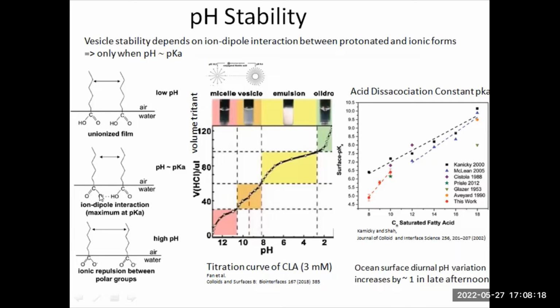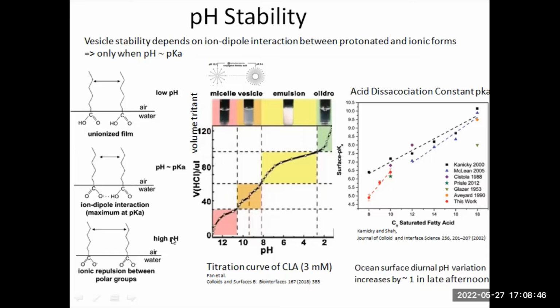And then we have this ion-dipole interaction. And that gives us a rather strong interaction, which allows us to form these double layers of fatty acids. This is the ion-dipole interaction. And it's maximum at the pKa value of the fatty acids, which depends on its number of carbons or its length.